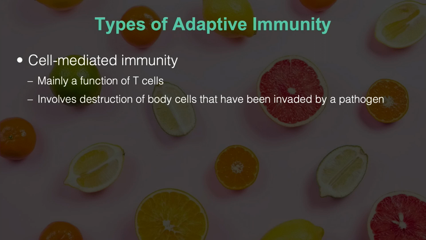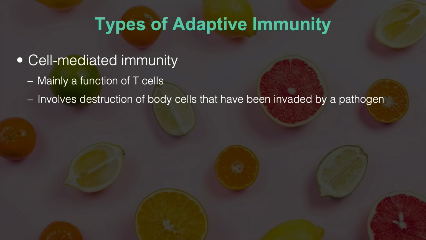So you heard reference to cell-mediated immunity. This is one branch of adaptive immunity. And this is mainly carried out by those cytotoxic T cells. Cytotoxic T cells carry out cell-mediated immunity. What does it mean, cell-mediated immunity?